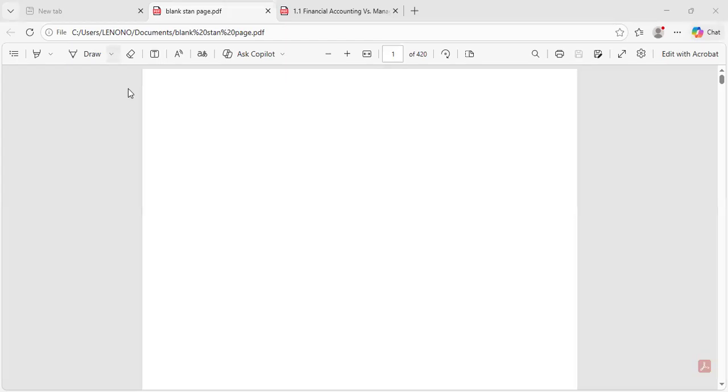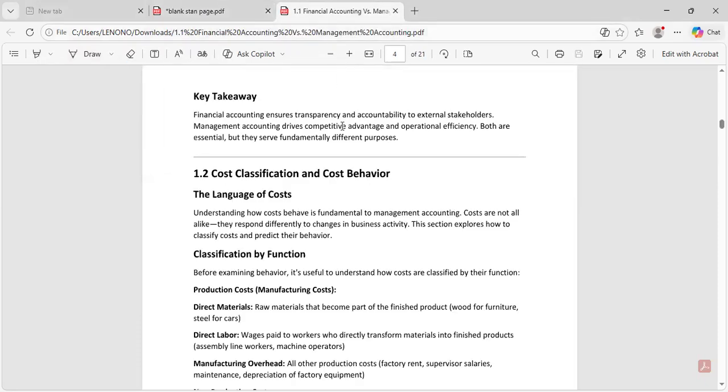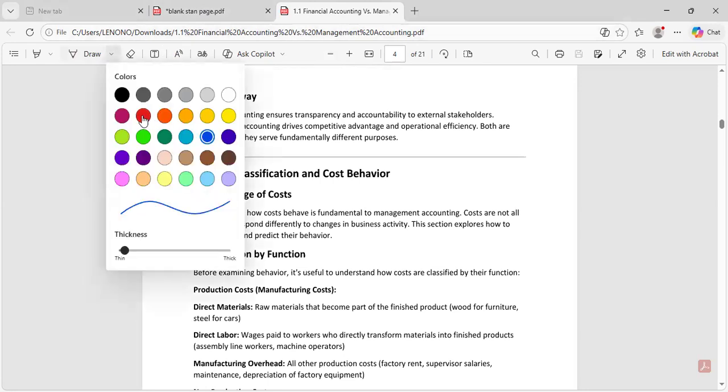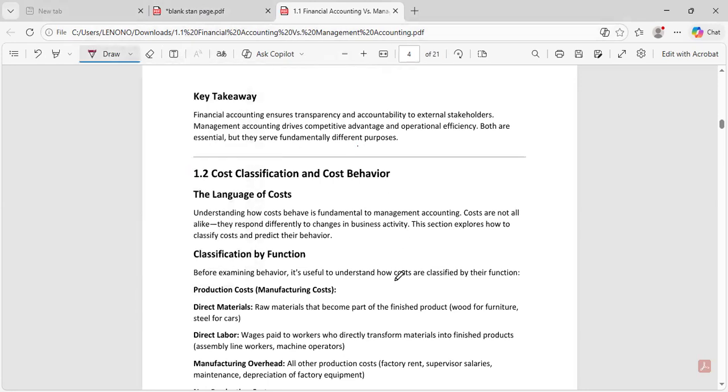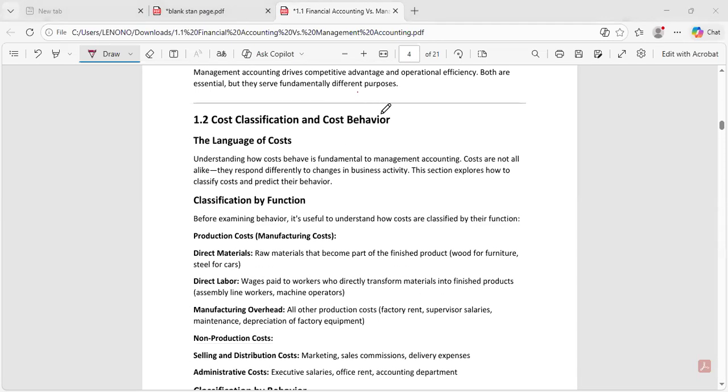Okay, good evening. We are looking at cost classification in FMA, management accounting. So, cost classification and cost behavior.